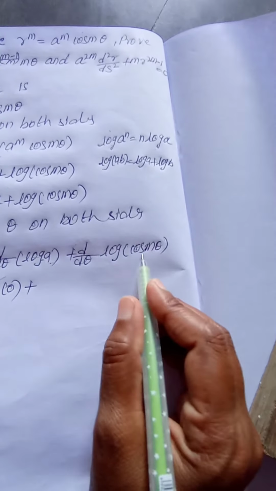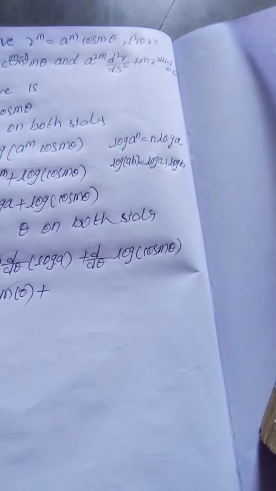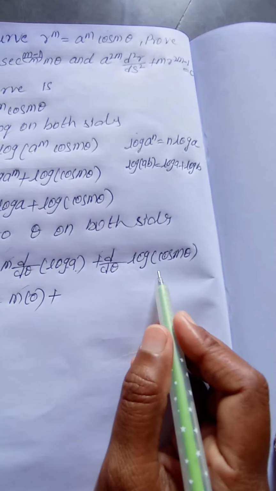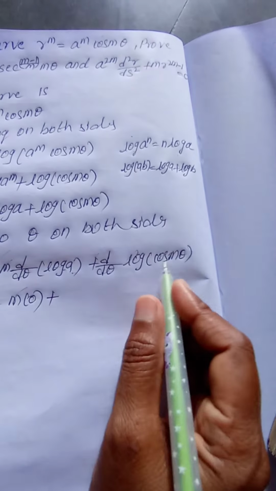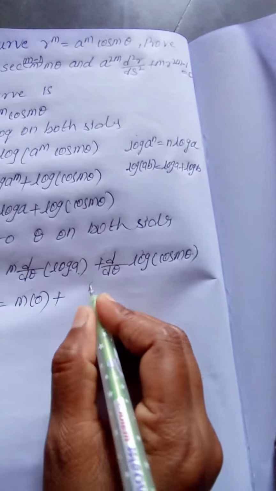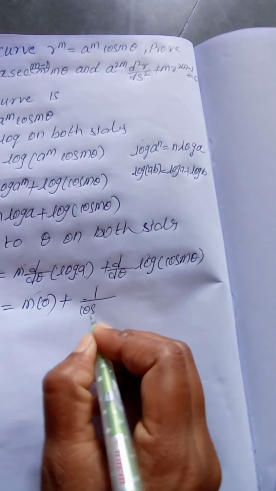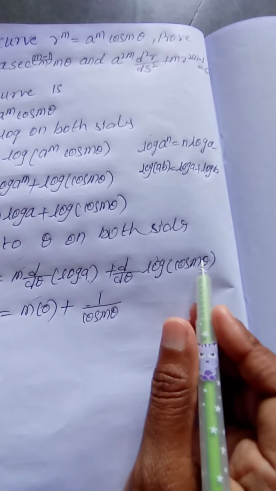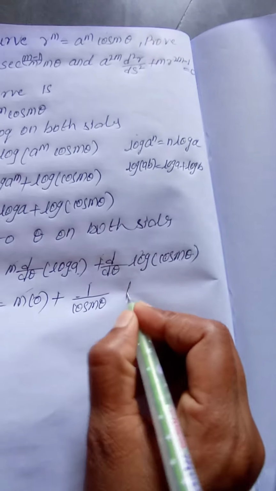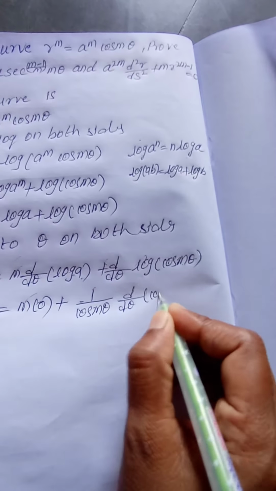So it is in the form of d by dx of log x. Log x differentiation is 1 by x. So here x is cos m theta, so 1 by cos m theta. Again differentiate the internal part. The internal part is cos m theta, d by d theta of cos m theta.